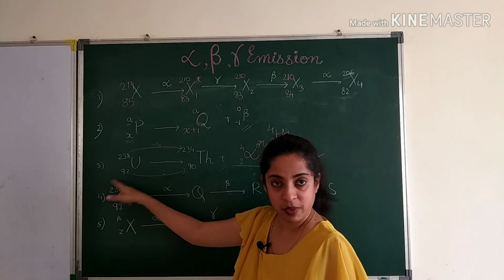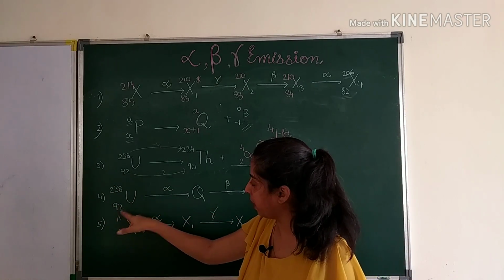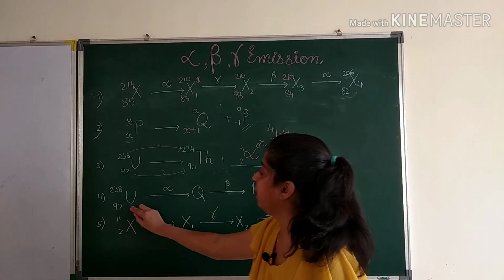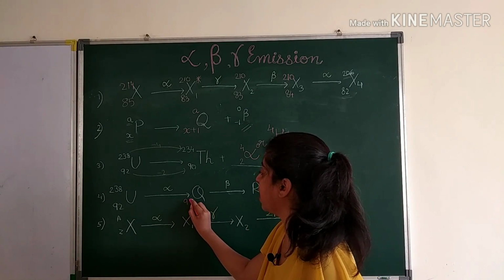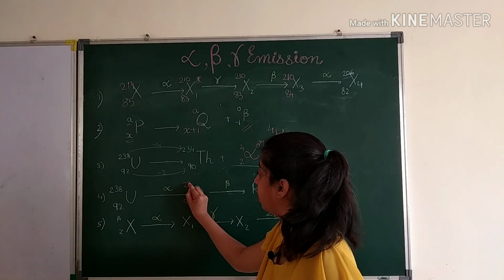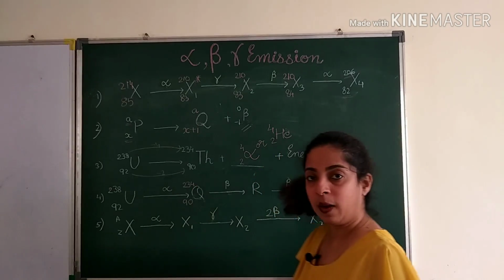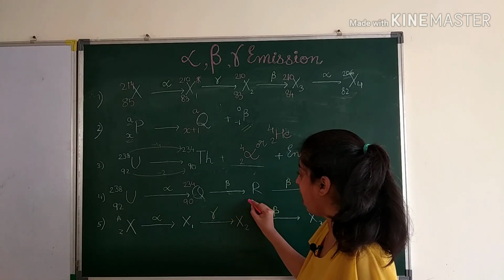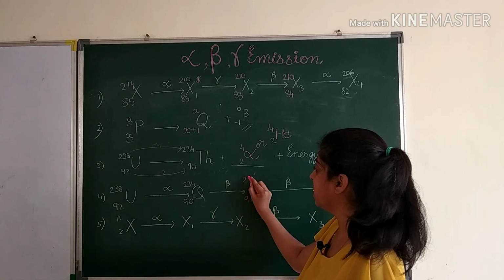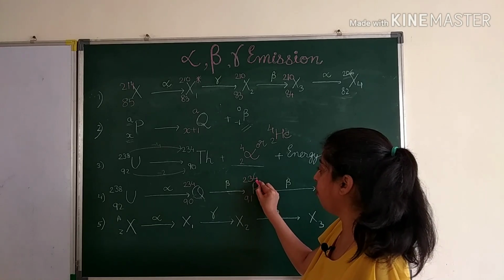Since the numbers are written here, we will start from here. From 92 an alpha particle is getting emitted, so we subtract 2 and it becomes 90. Here we subtract 4, so it becomes 234. Correct? Now beta particle. In beta we add 1, so it becomes 91 and this remains same, 234.